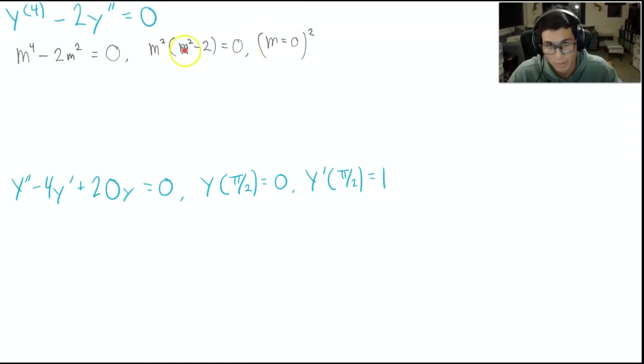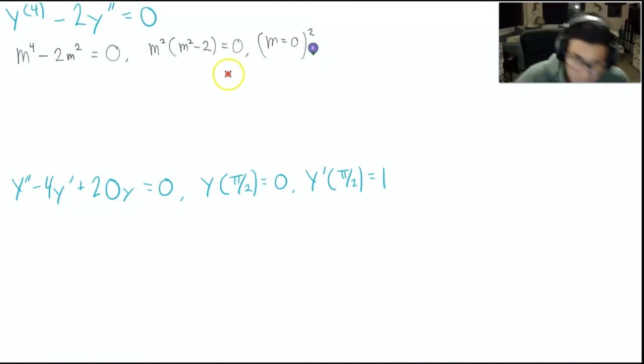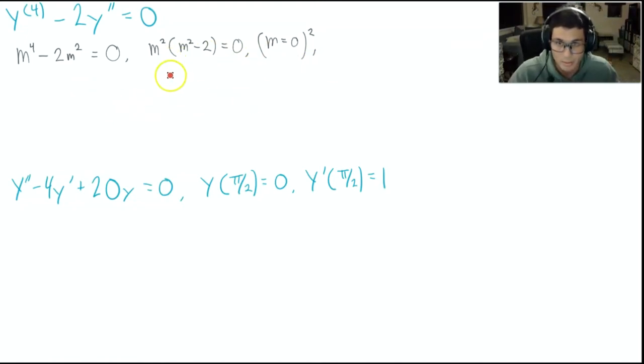If you put 0 here, this whole thing will be 0, and if you do it again for another 0, that's also true. So I would write the multiplicity here and square it. The multiplicity is important to remember, because when you're writing your solution, you'll see that we need to factor in another x for a multiplicity. If that is unclear, you'll see what I mean when we actually write down our solution.